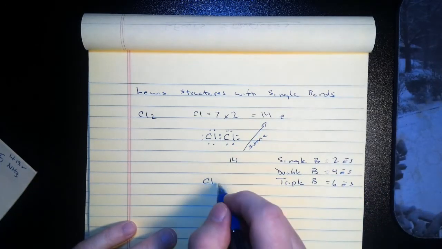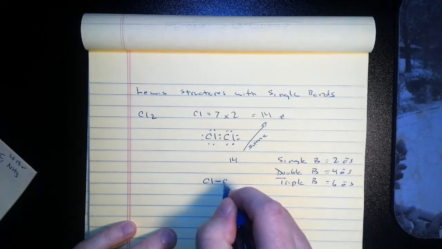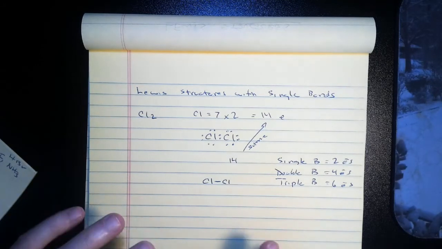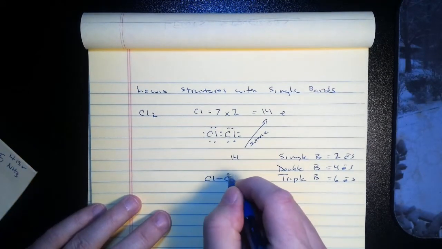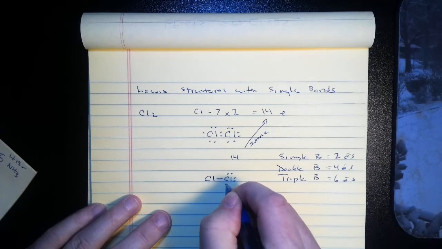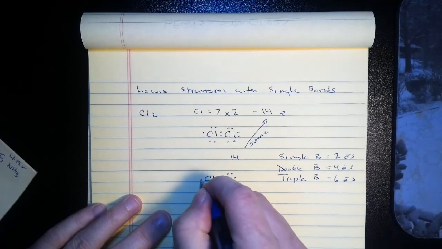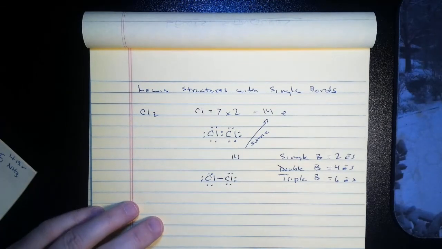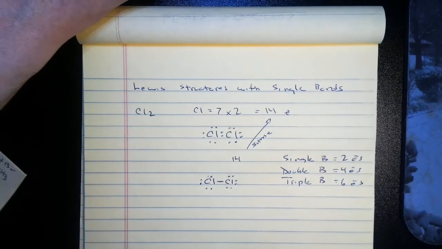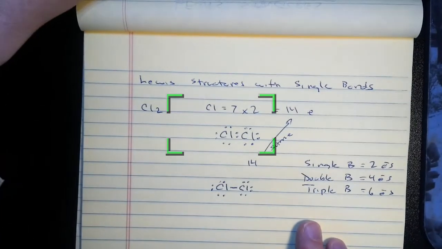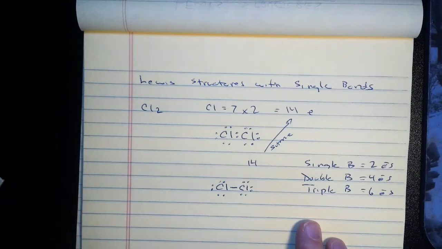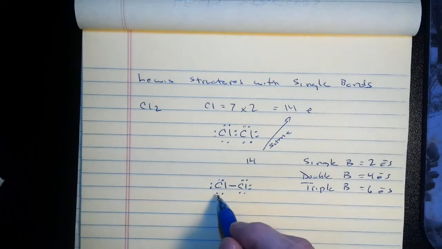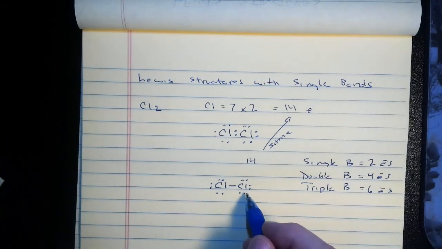We draw a line to represent the 2 dots with the 2 electrons, making it easier on the eyes. Then we put the rest of the electrons around, like that. Let me scoot this up some. Yeah, that's a little bit better. This is your final outcome for chlorine gas.